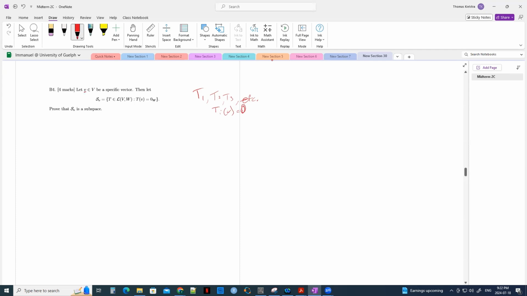So we want to prove that this is a subspace. Our two things for proving a subspace: first, non-empty. And when we're looking at linear transformations, to prove non-empty, we prove it either has an element or we have the 0 element.